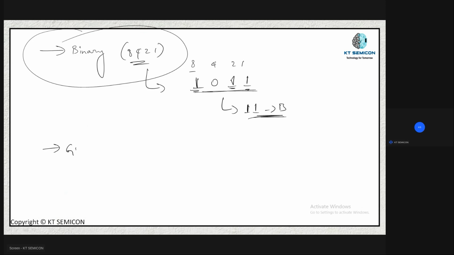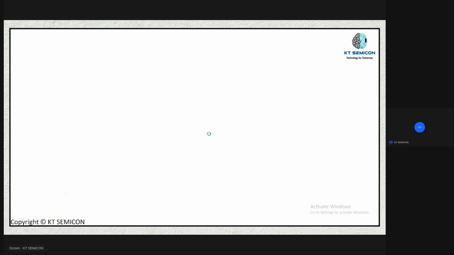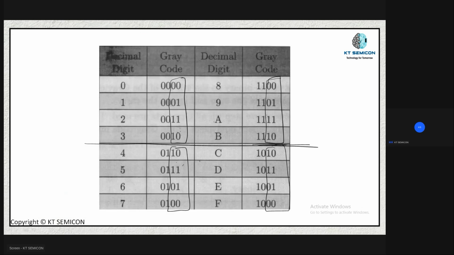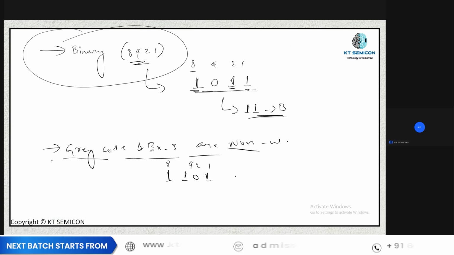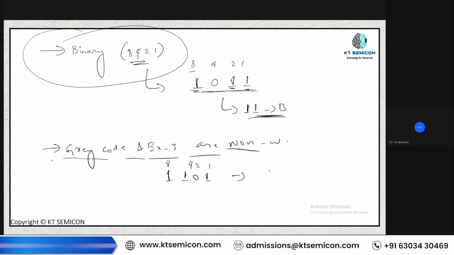Whereas your gray code and Excess-3 code are non-weighted codes. What do we mean by non-weighted codes? Let's say you take a gray code 1101. Then you cannot simply apply 8421 and give the value as 8 plus 4, 12, plus 1, 13.